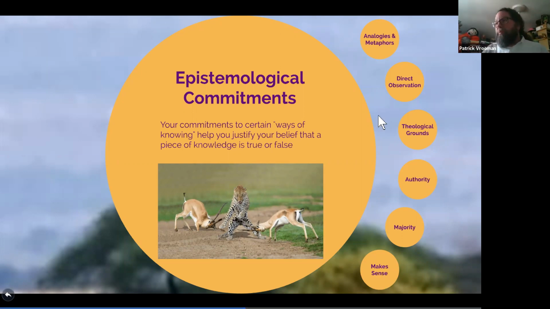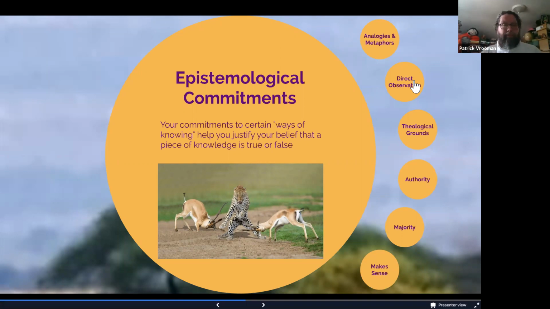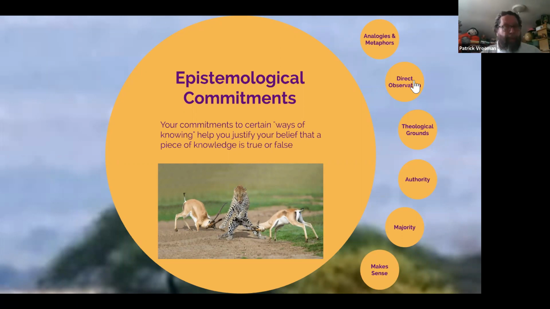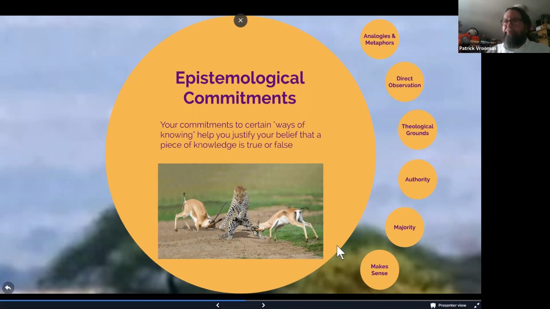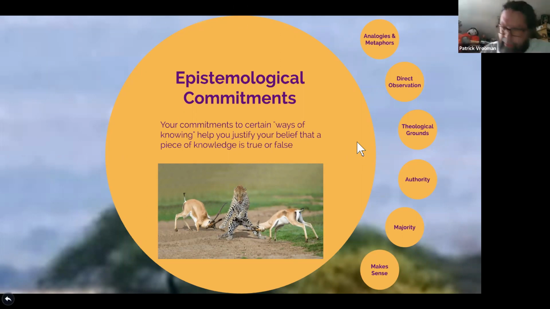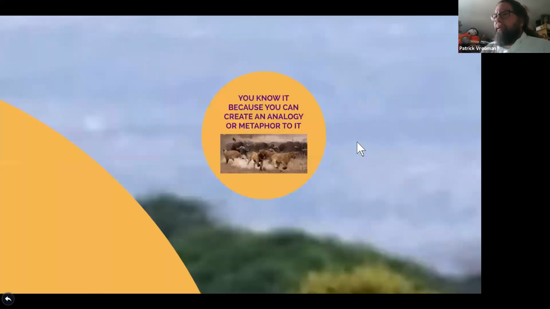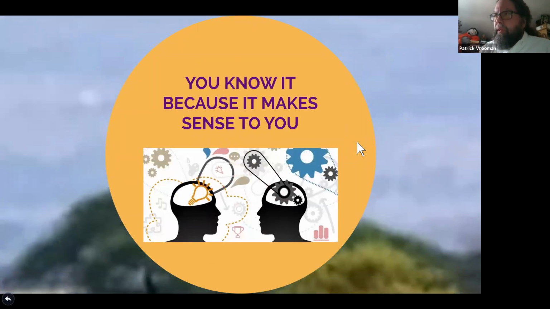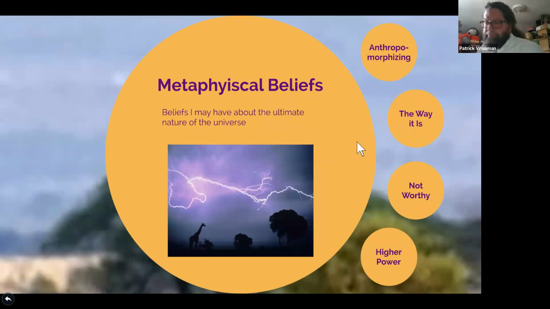It could be this direct observation critter. Okay? And those tell us what we know and that we know it. All right? Actually, I think these are probably the biggest ones of all. Well, the lions are pretty big. Anyway, I'm going to skip through these and get to this one, metaphysical beliefs.